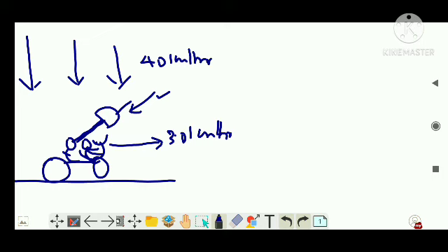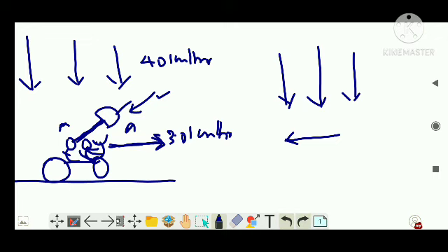Okay, now how would you solve it? Let's say A and B, just take this as a single unit itself. A will feel the rain coming in this direction. Since he is moving in this direction, he will feel wind coming from the back direction. Common sense. Have you ever felt it? When you are going forward, you feel that air is pushing you, right?